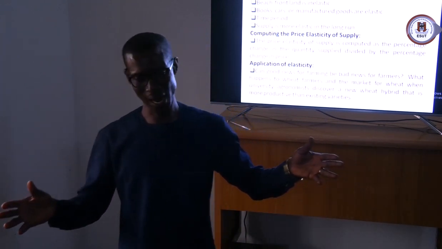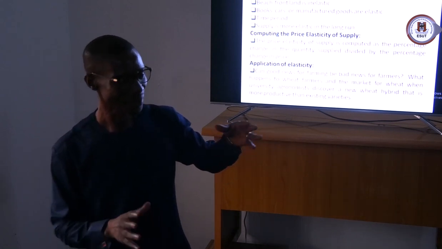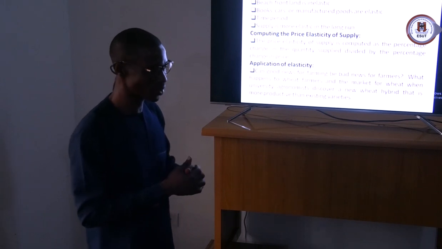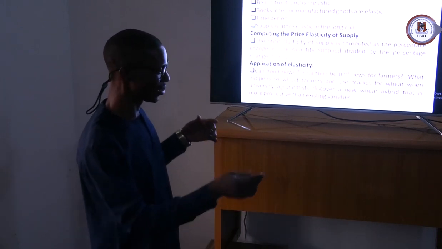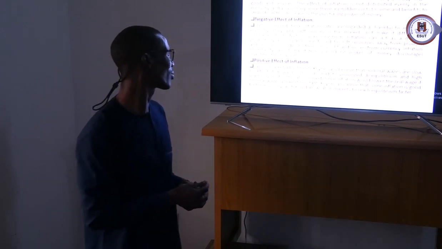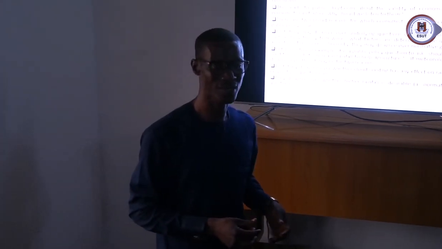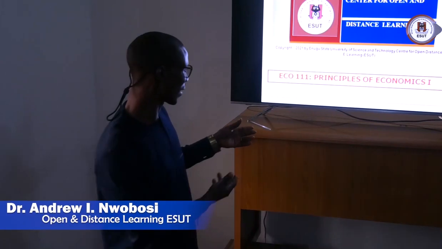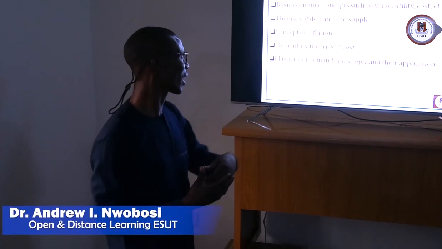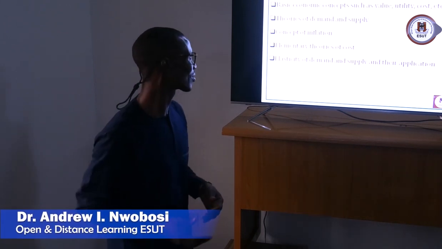So now we will run down what the principles of economics are all about. Going to the beginning. I believe with this teaching, our students will be able to see what the nature and significance of economic analysis is all about.